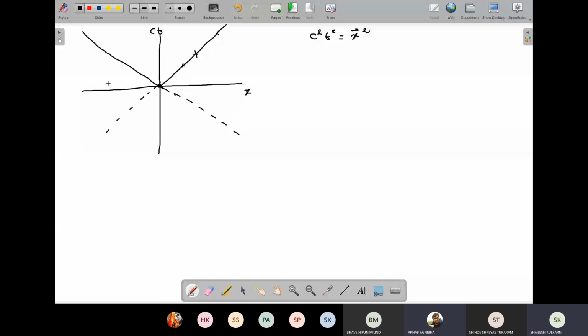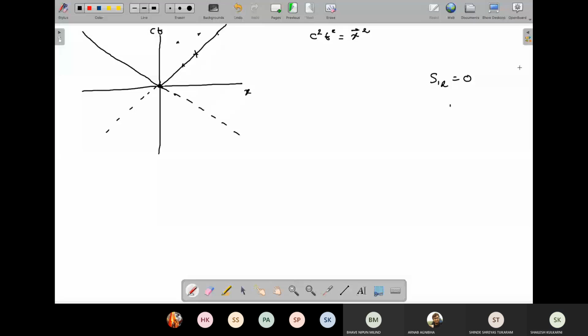Sir, what does this null event physically signify? They signify the travel of light, electromagnetic signals. This is what we first discussed at the beginning. For them ds, your s12, is always 0. So it is sending and receiving light signals.